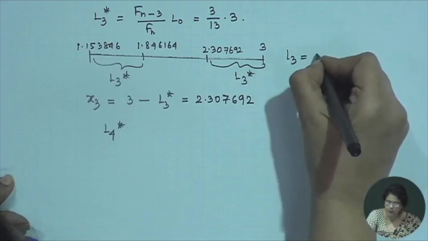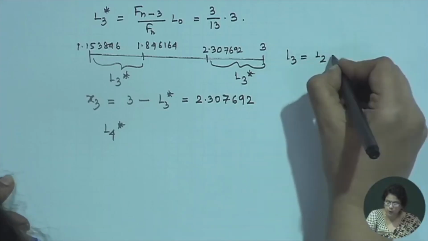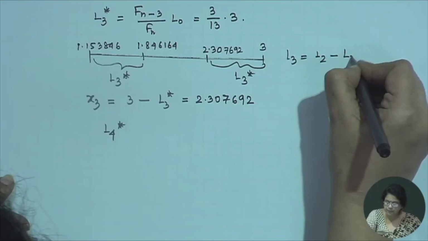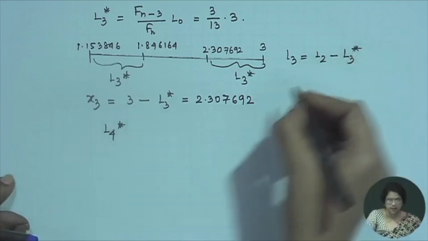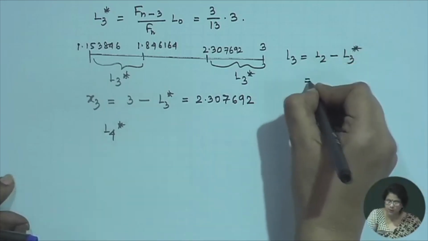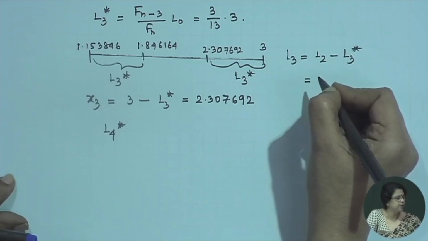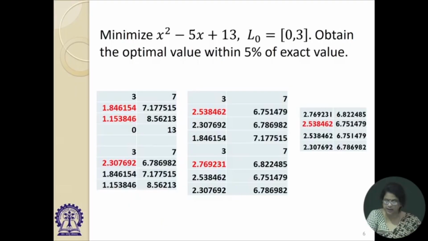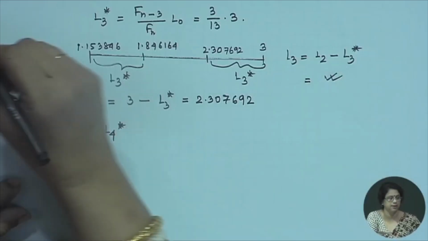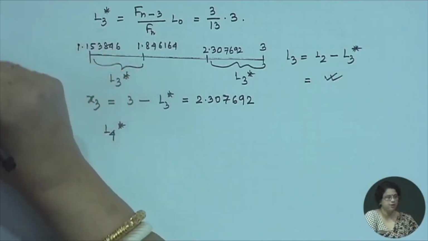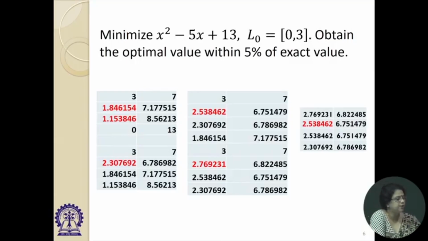This size L3 will always be equal to whatever L2 value I was having previously minus F3 star. You check it. This is the value you need to check. Then I will get the functional value in the next iteration. Okay, I have given the approximation.